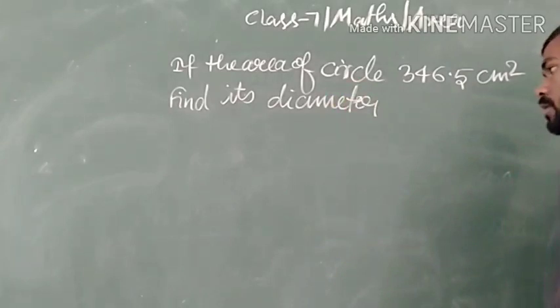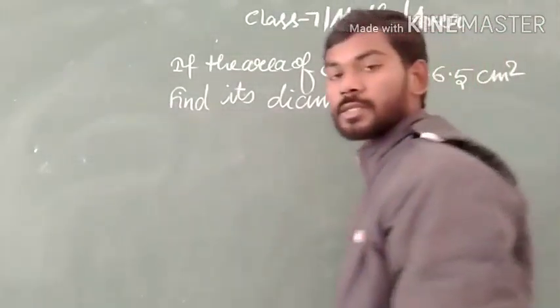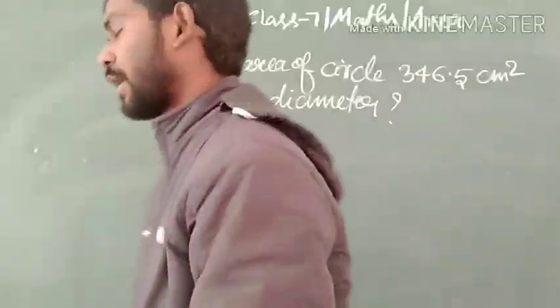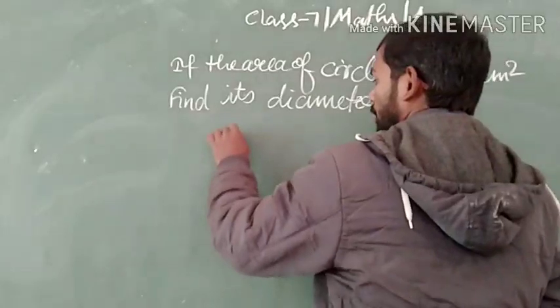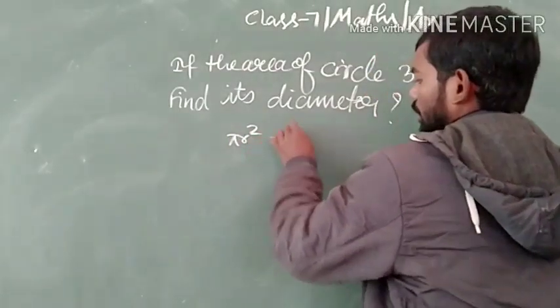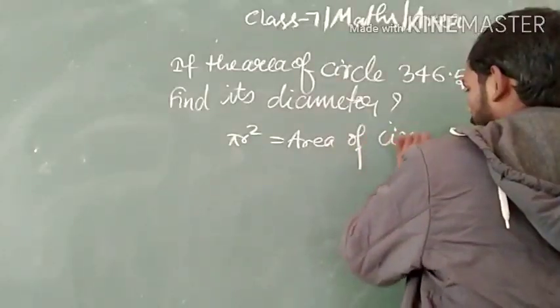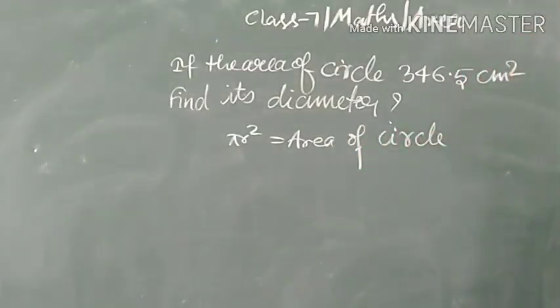So here we use this in order to solve this question. Since here the area has been given, we know that pi r square is the area of circle. So here we shall put the value.